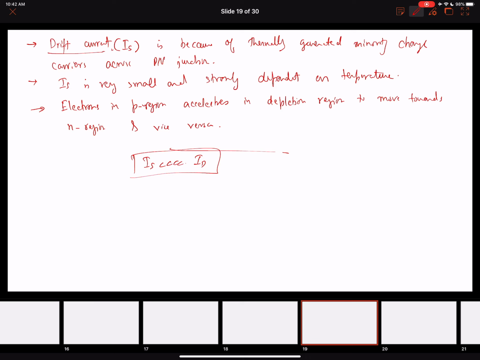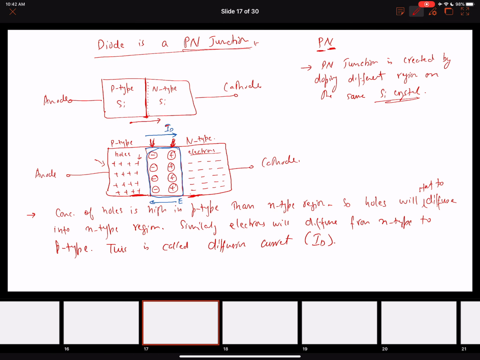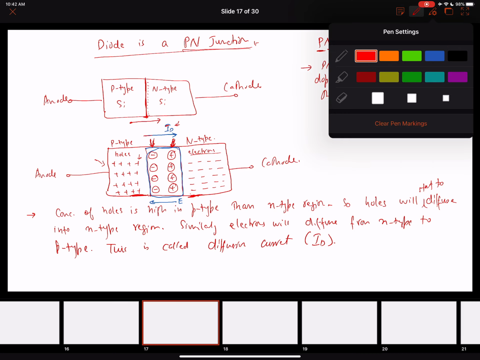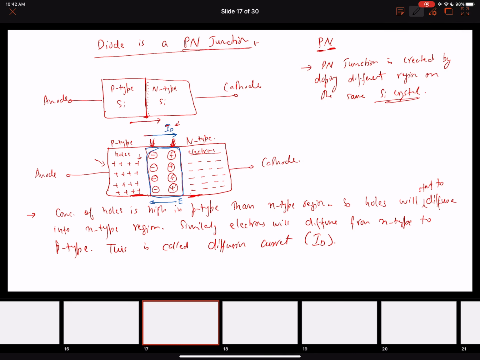All right. Right, so this diffusion current that we initially talked about, the direction of this is over here, right? So this diffusion current is due to the majority charge carriers, the holes and electrons in the P and the N type, diffusing across the junction and creating a barrier. There's another current at the same time that is flowing across the junction, and that is known as drift current.